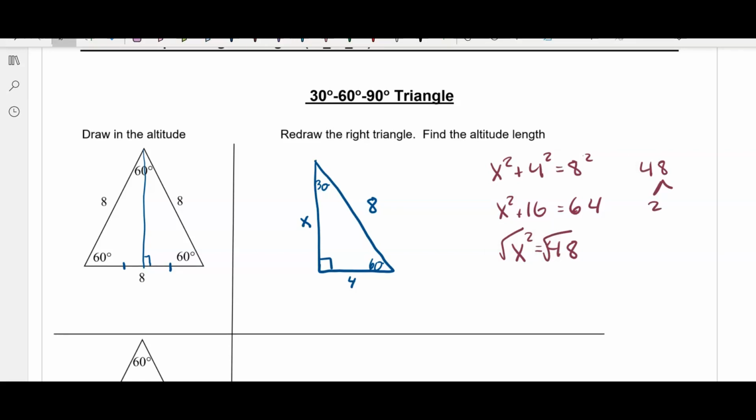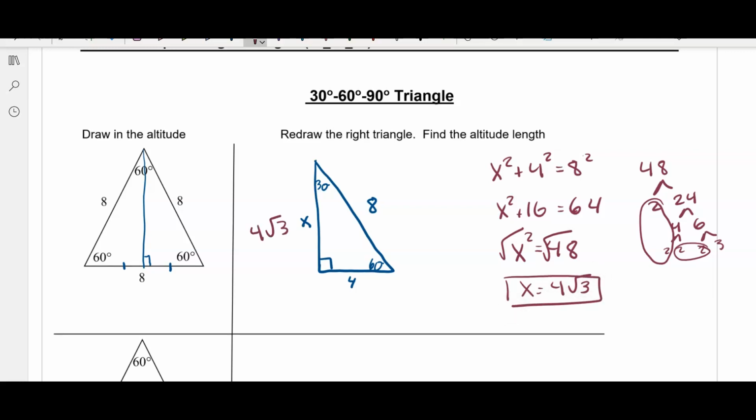We know we can divide that by 2, and we'll get 24. And then we can do 4 and 6, 2 and 2, and then 2 and 3. We have a pair of 2's here, a pair of 2's. So we are going to get x equals 4 square root 3. So this side will be 4 square root 3.